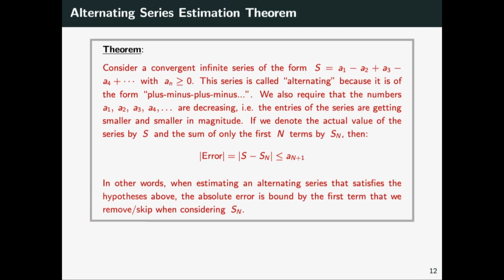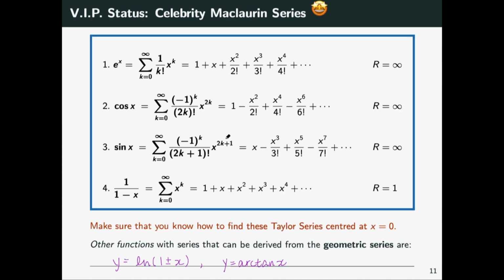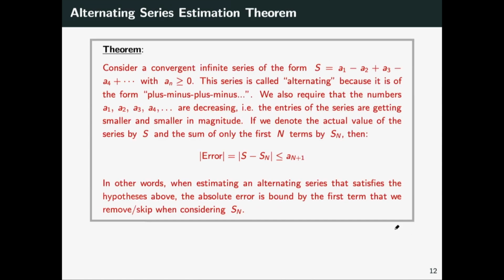On this slide, I'm introducing another theorem that helps us with bounding errors and estimations, particularly for alternating series. And not sure if you noticed, but sine and cosine are alternating series. So this will come in handy provided that all of the hypotheses of the theorem hold. Here it tells us that the terms, once we remove the plus or minus, should be greater than or equal to 0, and also that the terms are decreasing.